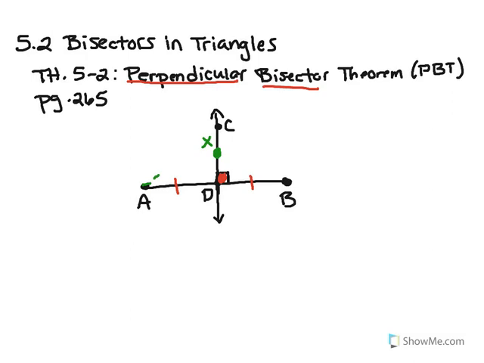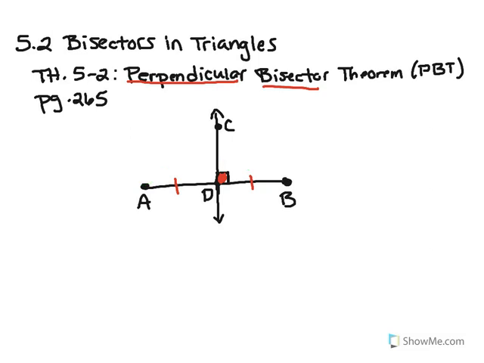So in other words, this segment here, oh, that is a bad segment. Let's just do a line. We'll say that this piece is congruent to this piece. And that is true for any point that you pick on that bisector. And that's going to come in really, really handy when we start seeing problems that deal with this. So let's pick another point.